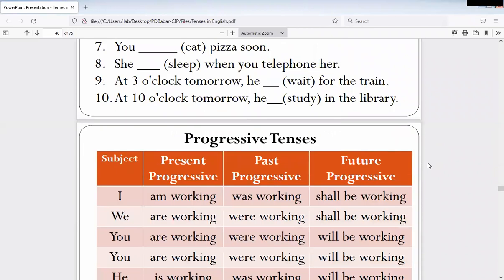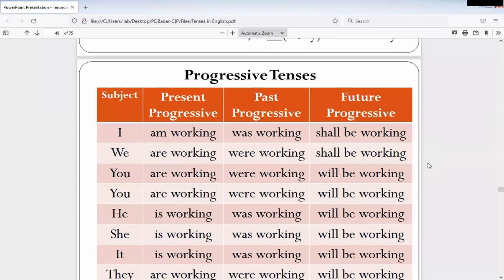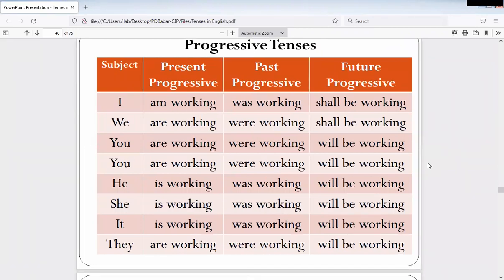Okay, let's see the whole chart of the progressive tenses. Let's study it and discuss that chart.